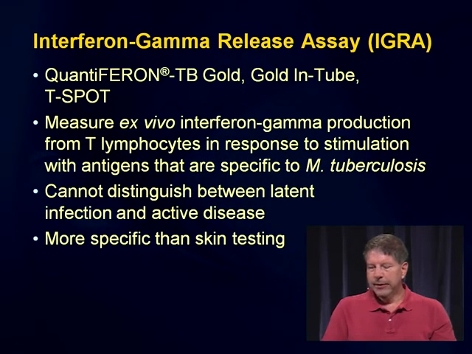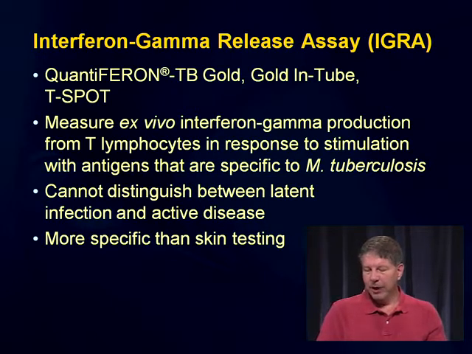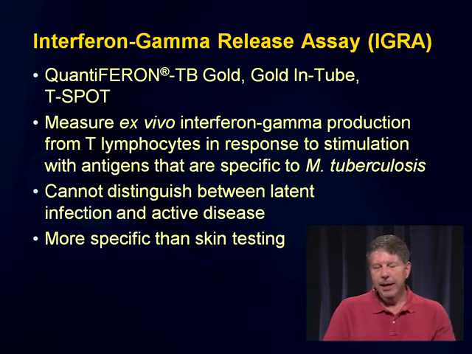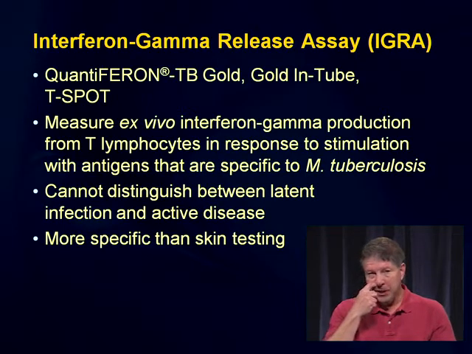All right, this is this new test, the interferon gamma release assay, or the IGRA. Quantiferon, TB Gold, Gold in the Tube, these are all the brand names for this thing. What this does is it measures ex vivo interferon gamma production from T lymphocytes in response to stimulation with antigens that are specific for MTB.